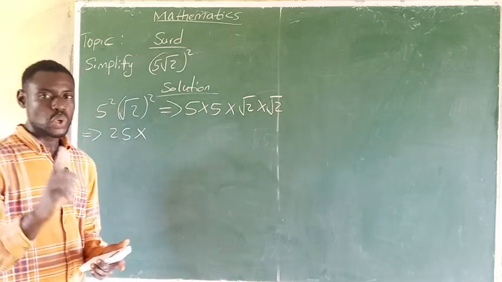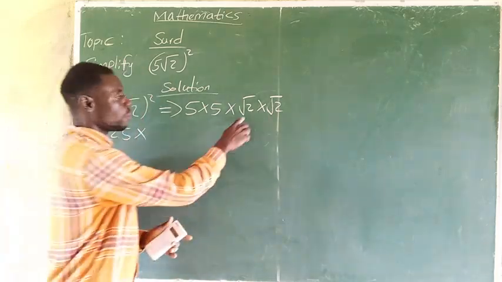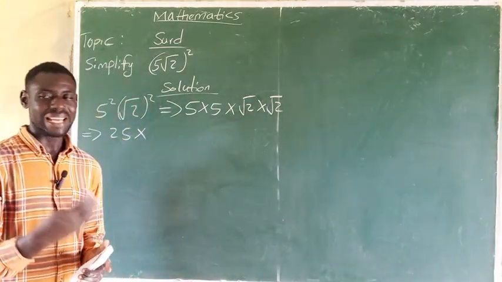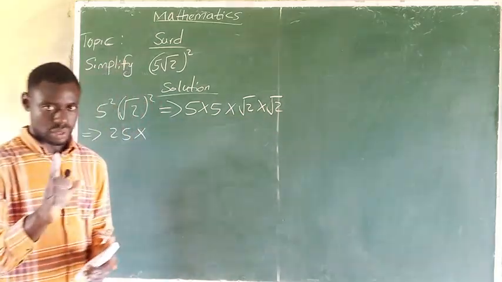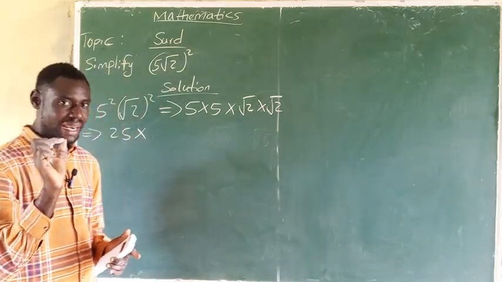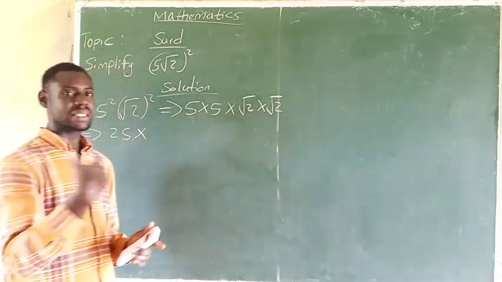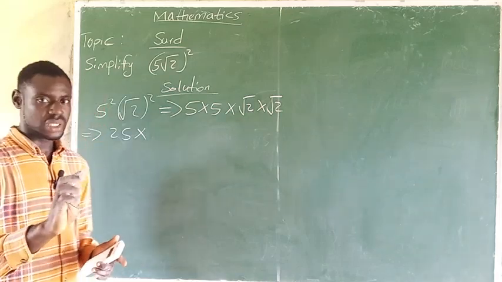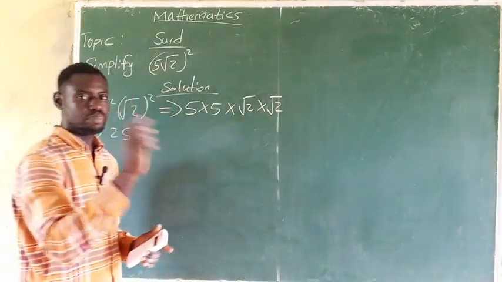Now, whenever two roots are the same, please be very careful with this. Whenever two roots are the same and they are multiplying, you pick what is inside alone. If I use the laws of indices here, we'll still get the same answer. But here now, I just want you to understand the concept that when the same roots are multiplying, pick what is inside.